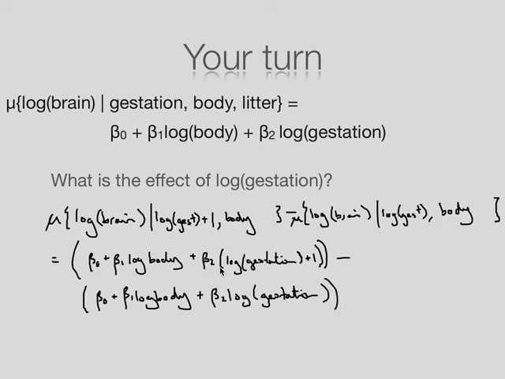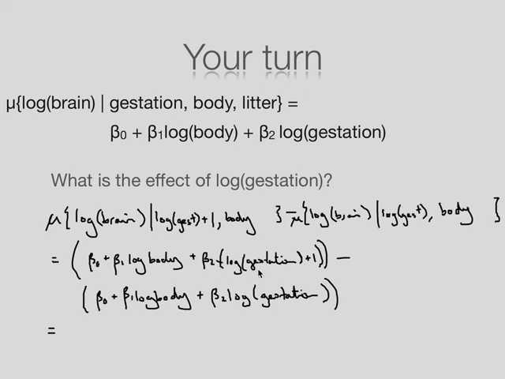Now at this point, you generally want to multiply out anything, particularly in that left-hand side that needs to be multiplied out, and then we can do some cancellation between our two means. I'm going to do that in one step in this example to save a little time and space. I know that if I multiply out this term here, I'd get a beta 2 log gestation plus a beta 2. So because of the multiplication there, I'll get two terms.